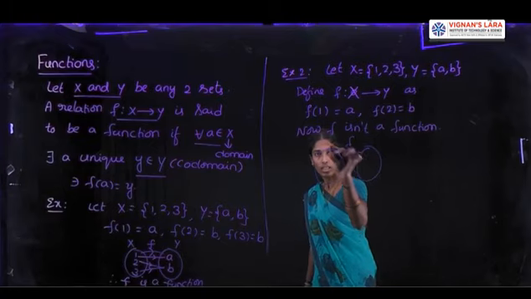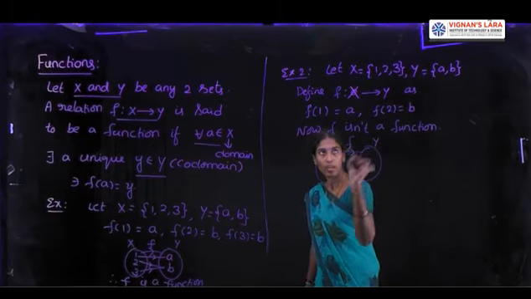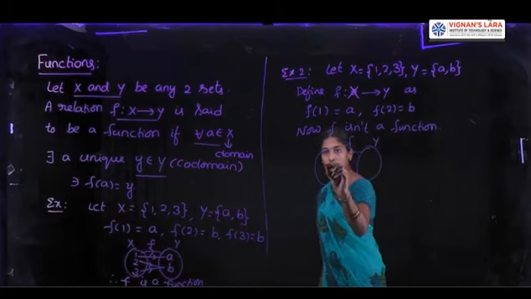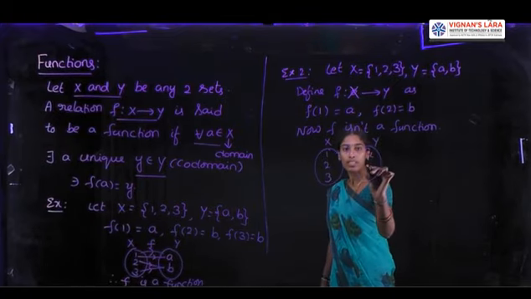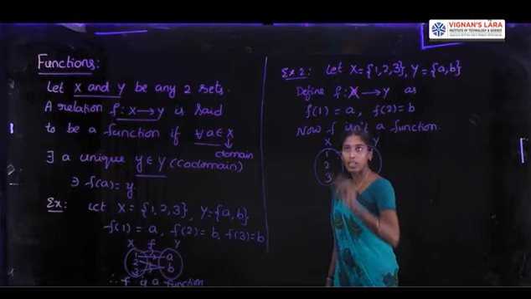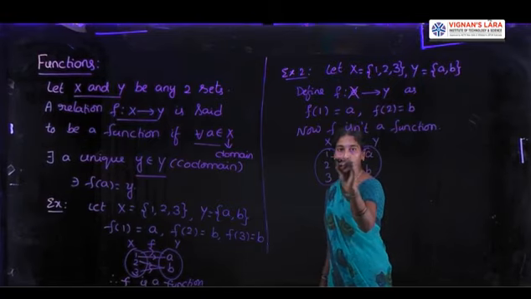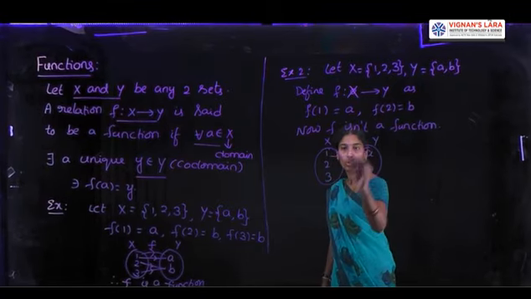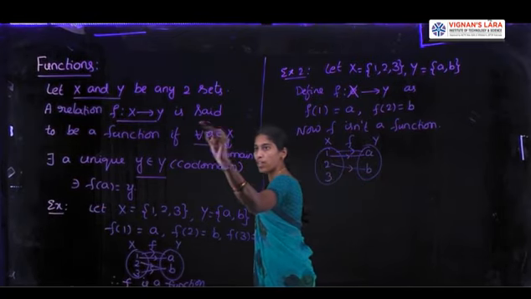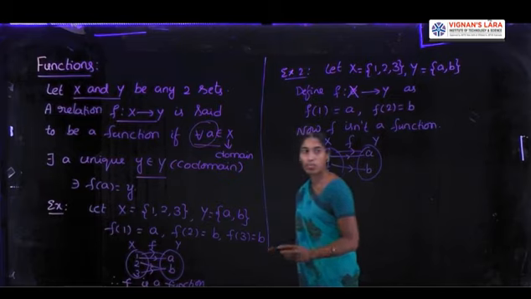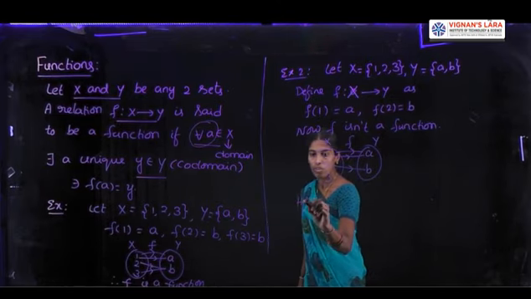f is a relation from x to y, x consisting of 3 elements 1, 2, 3 and y consisting of 2 elements a and b. 1 is mapped to a, 2 is mapped to b. Here our concept is for each a belongs to x. Here 3 belongs to x.